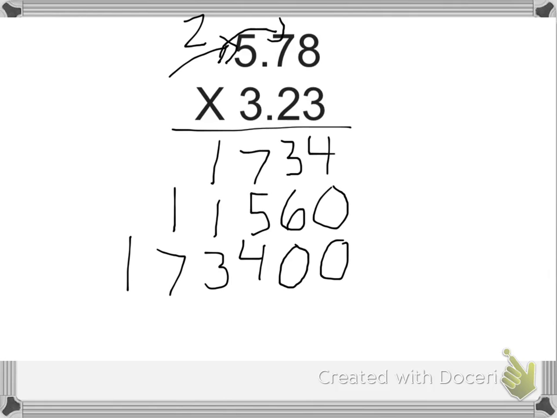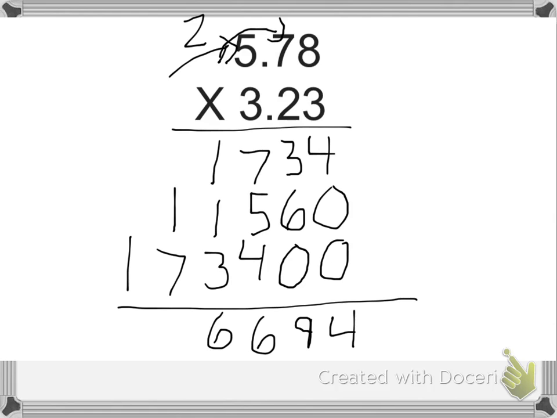So you get 17 here, and you add them all up, and you get 4, 9, 6, 1, and you move your decimal 4 places over, because there's 4 numbers behind the decimal point when you multiply.